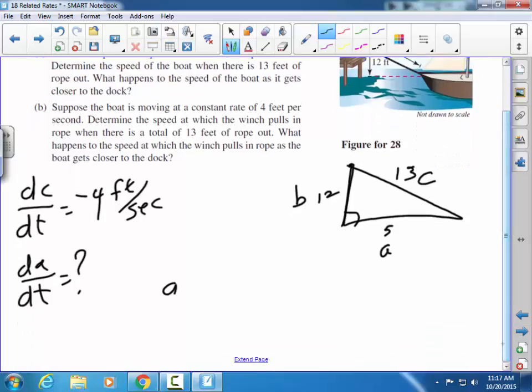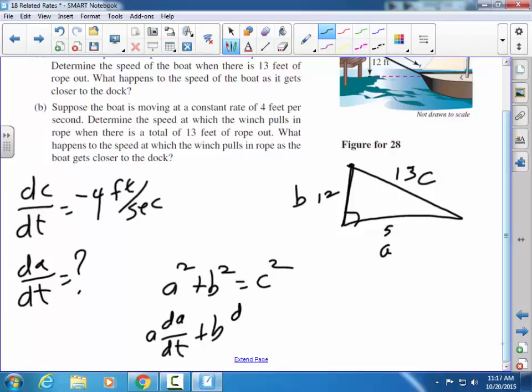Okay, so we've got A squared plus B squared equals C squared. All right? So then we've done this enough to know that we get A dA over dt plus B dB over dt equals C dC over dt.